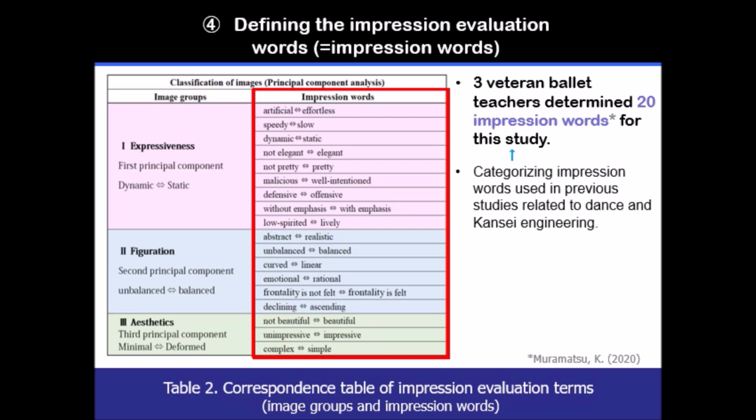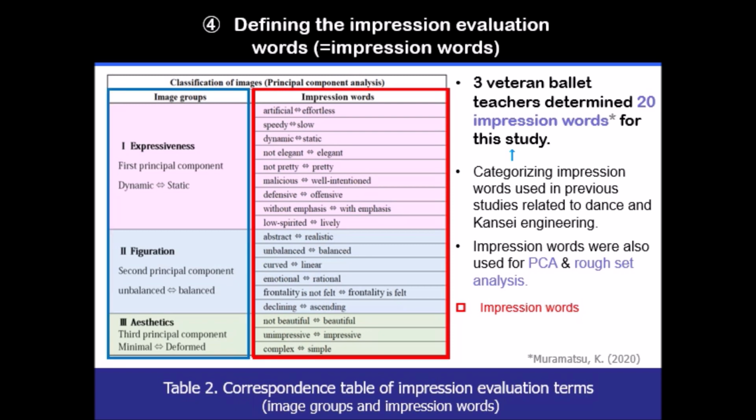We categorized and organized the impression words used in their previous research on dance and Kansei engineering. 20 impression words were also used for principal component analysis and rough set analysis. The red boxes indicate impression words, and the blue boxes indicate image groups. Image groups will be explained later.